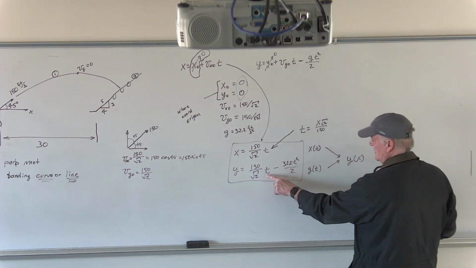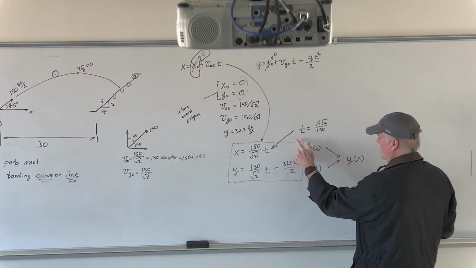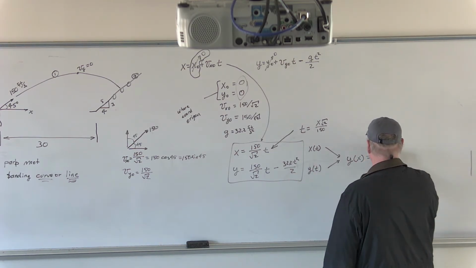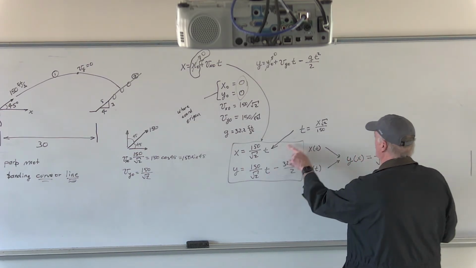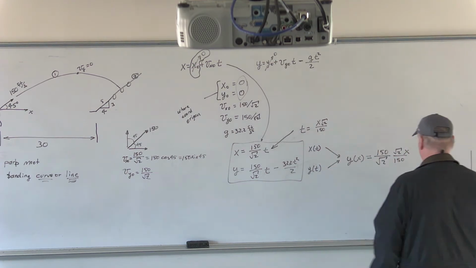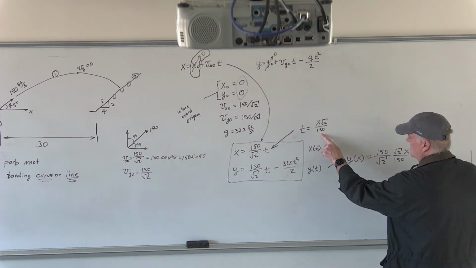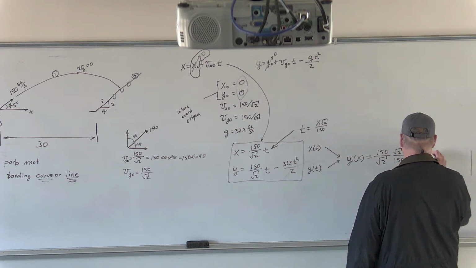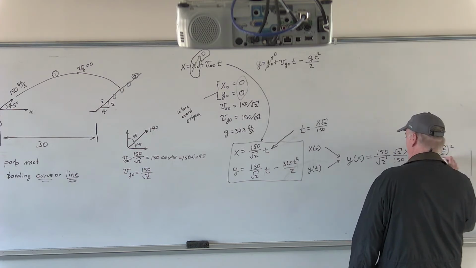I take the t and stick it in here, and I take this t, same t, and stick it right in there. And so if I do that, I'll have 150 over square root of 2 times t, which is essentially square root of 2 over 150 x. And then I got to take this same t and stick it in here. So that one gets a little bit more complicated, 32.2, and I get x square root of 2 over 150 squared over 2.